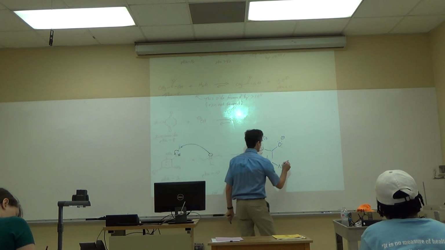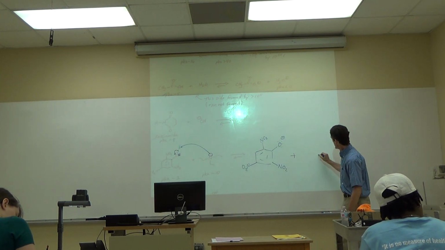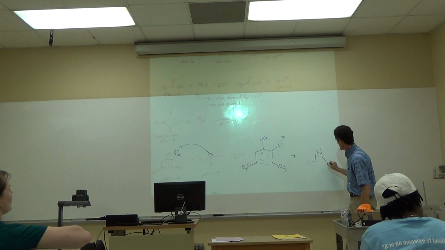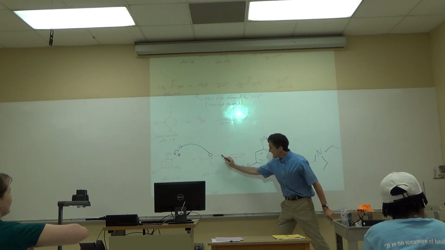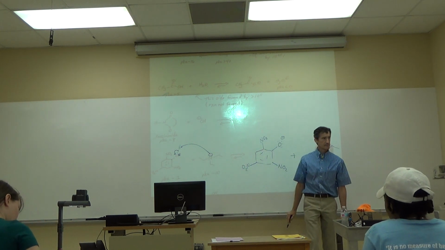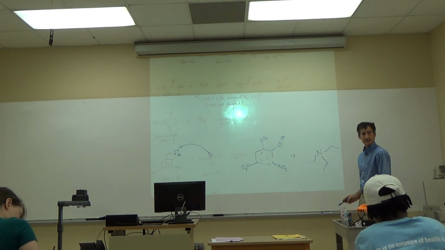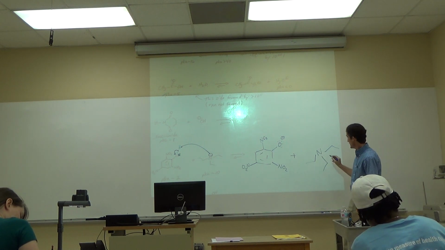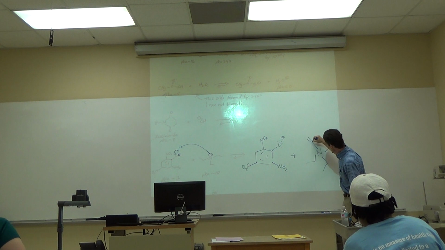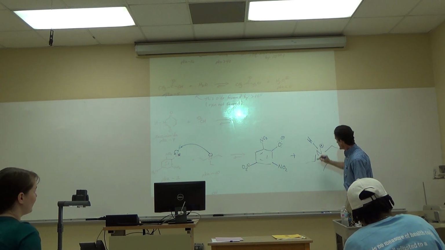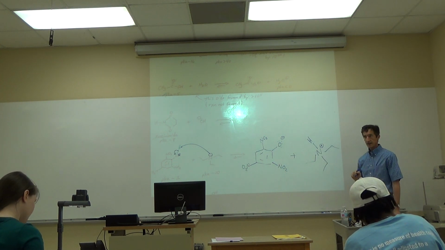We got that plus what? What else did we form here? That's triethylamine. Does that make sense? Triethylamine, 3 ethyl groups. What's on this now? Hydrogen and plus. Yeah, and we made a salt, an ion pair.